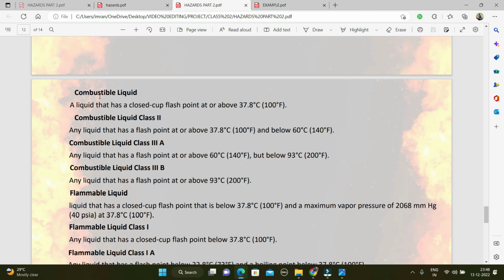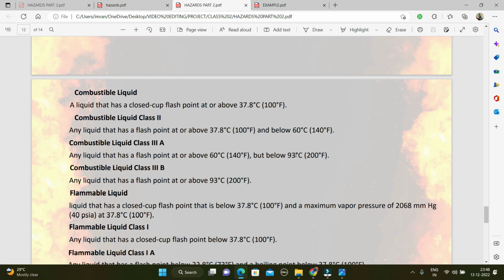Combustible liquid is also classified into groups. A combustible liquid with a flash point at or above 37.8 degrees Celsius is considered a combustible liquid class 2. Above 37.8 degrees Celsius but below 60 degrees Celsius, it will be considered a combustible liquid class 2.